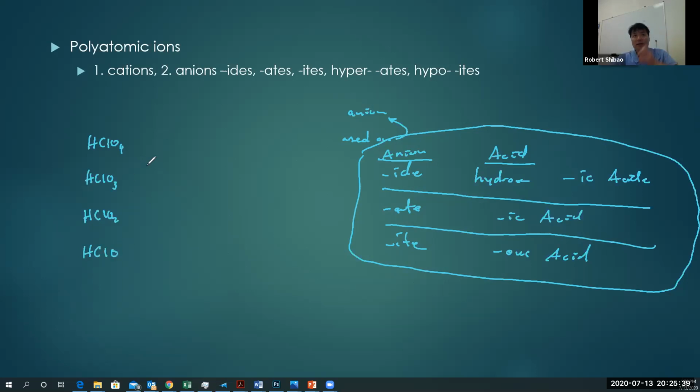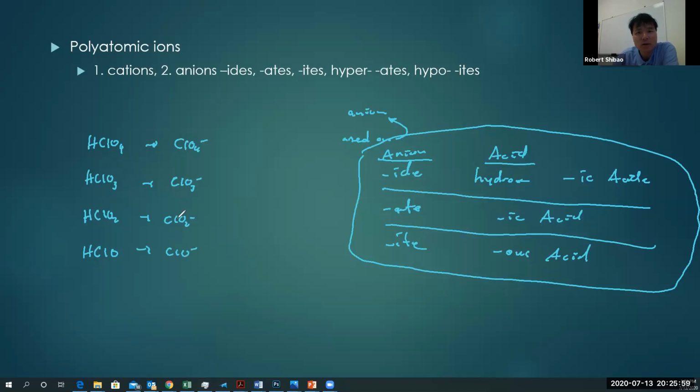All right, so we look at the anions here. Well, the cations are all the same. So when I look at the anions here, I see ClO4 minus. This one has the anion ClO3 minus. This one has the anion ClO2 minus, and this one has the anion ClO minus.